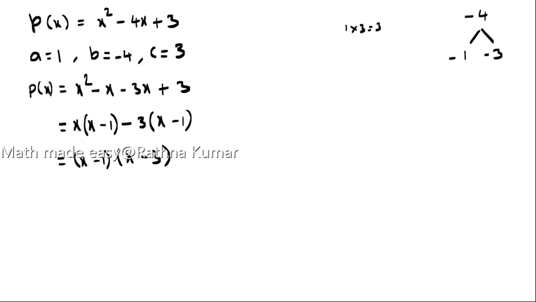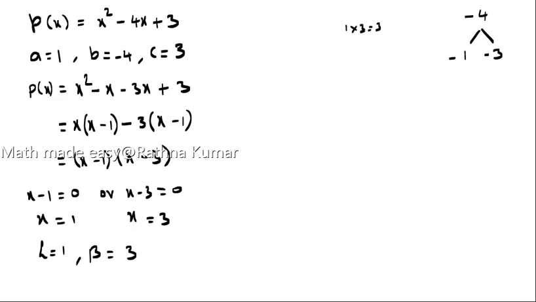As we did in the previous one, we will equate x minus 1 equal to 0. Then x is equal to 1, or x minus 3 is equal to 0, you will get x is equal to 3. That means alpha is equal to 1 and beta is equal to 3.